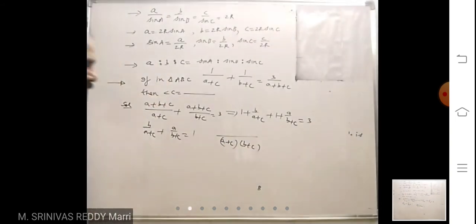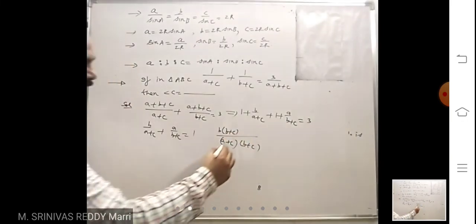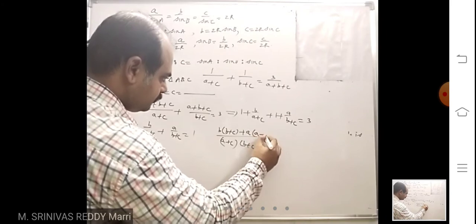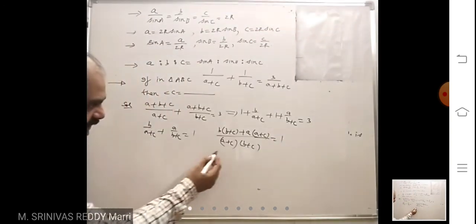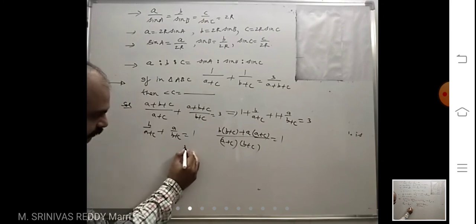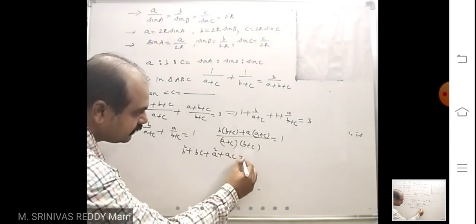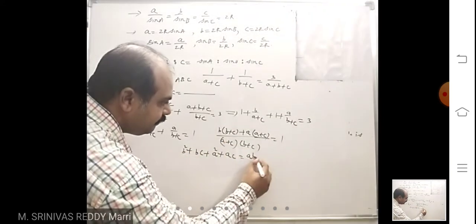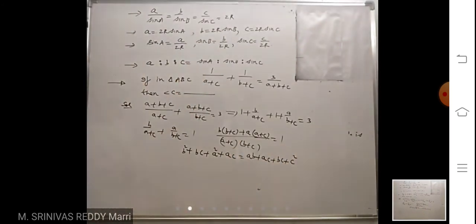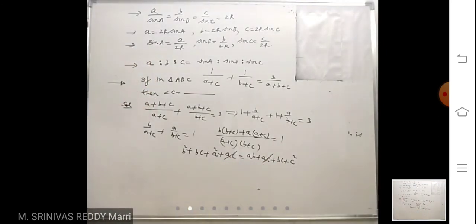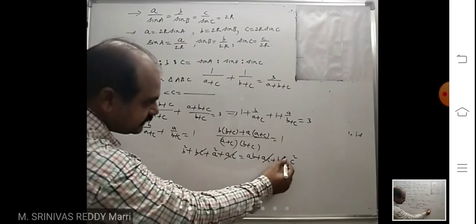Now take the LCM here and find the relation. b(b+c) + a(a+c) over (a+c)(b+c) equals 1. Now bring it to that side, multiply this: b² + bc + a² + ac equals ab + ac + bc + c². Now AC and AC will get cancelled, and BC and BC will get cancelled.